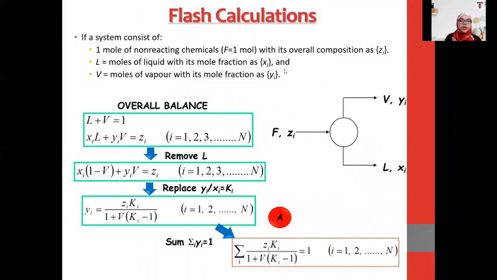Okay, next, we continue with the flash calculation. If a system consists of 1 mole of non-reacting chemical, or F equal to 1 mole, its overall composition is known as Zi. L is the mole for the liquid with its mole fraction denoted by Xi, and V is for the vapor with its mole fraction denoted by Yi.